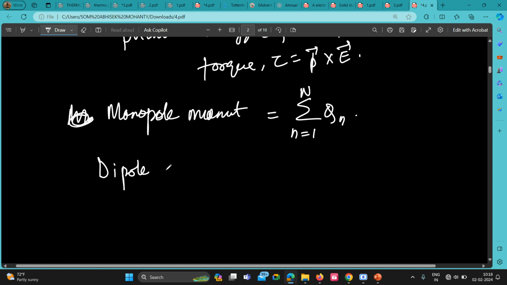Dipole moment is the summation from n equal to 1 to N of Qn r n.